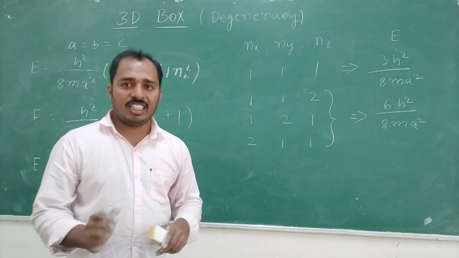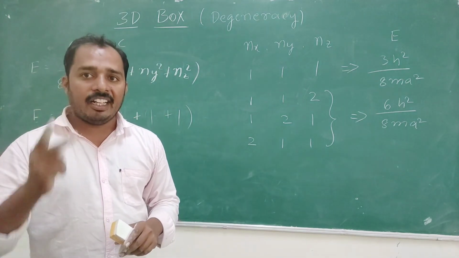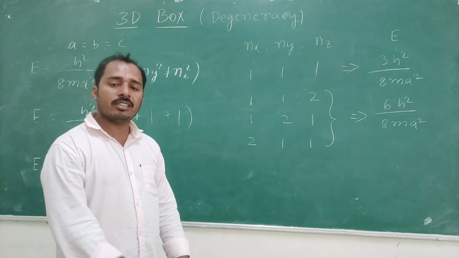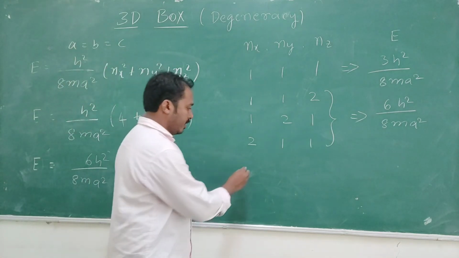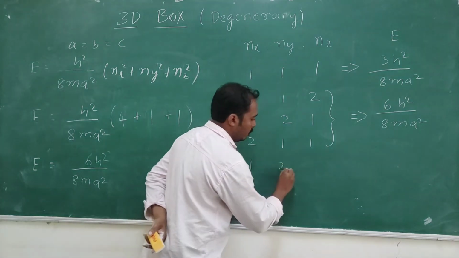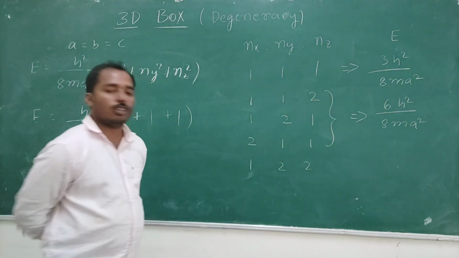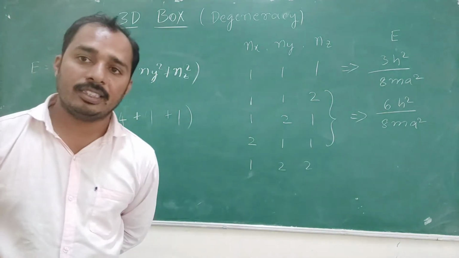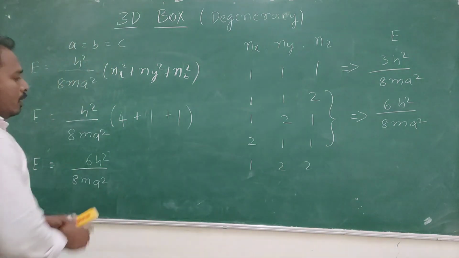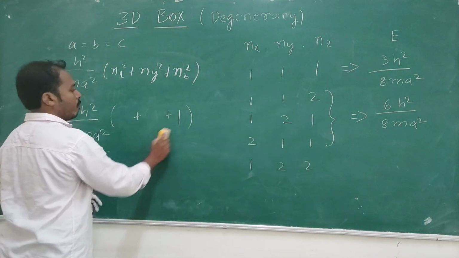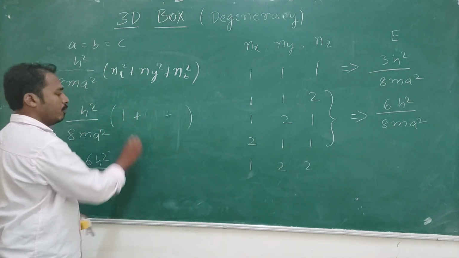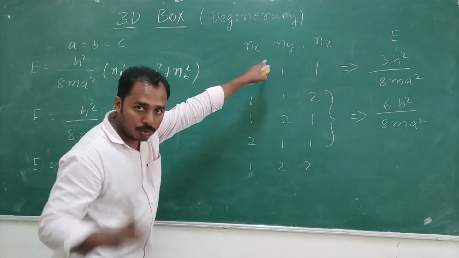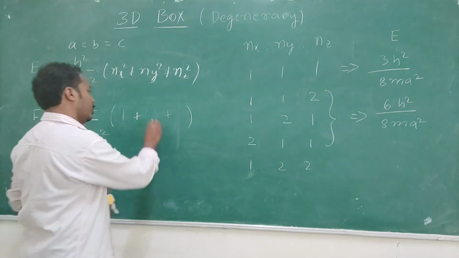Okay. Next step, we calculate the second excited state. The second excited state becomes like this: 1, 2, 2. So nx is equal to 1, so 1 square is 1. ny is equal to 2, 2 square is 4.